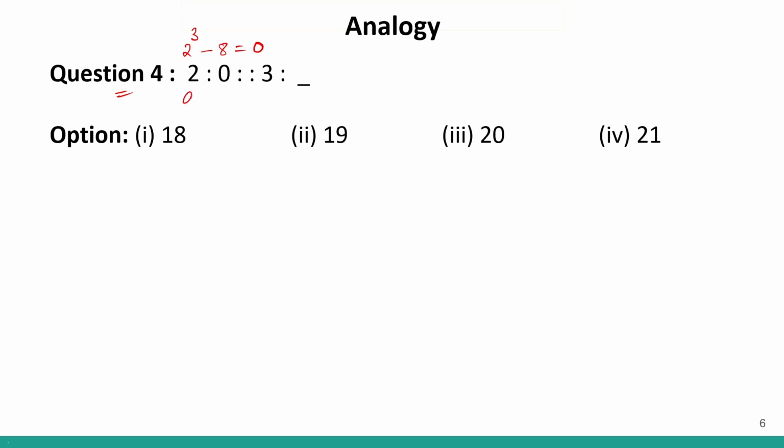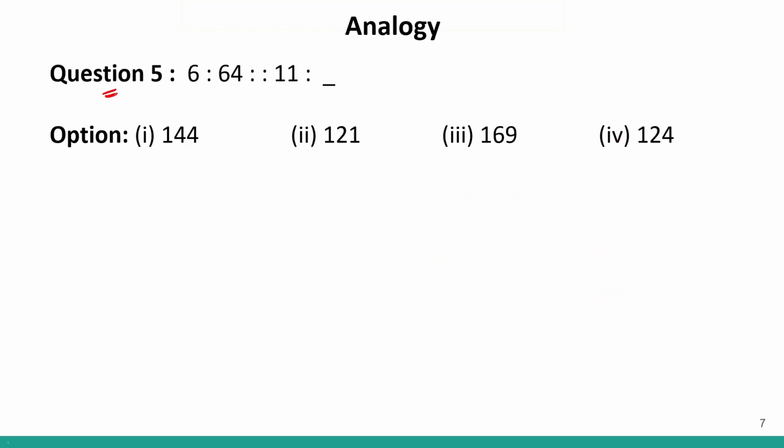So if this is a, I am assuming that a cube minus 8 is giving me 0. Now let us do the same thing for 3. 3 cube minus 8. What is the value of 3 cube? 27. 27 minus 8 will give me 21. So do we have 21 in the options? Yes. Option number 4 is 21. So this will be my answer.